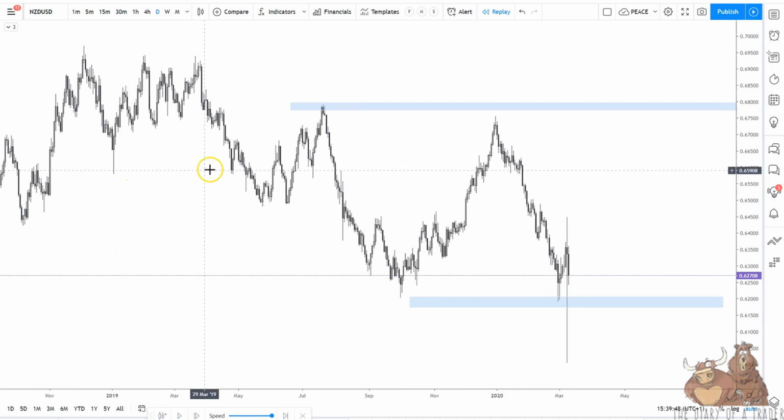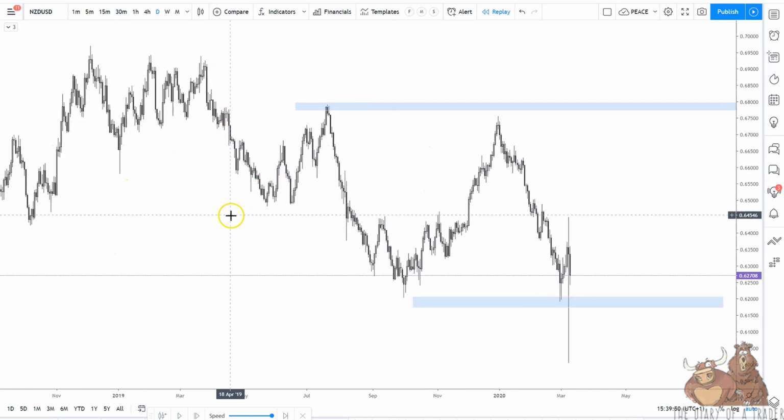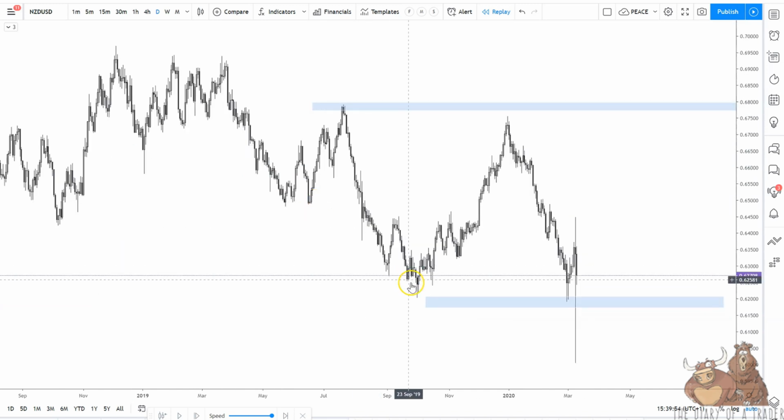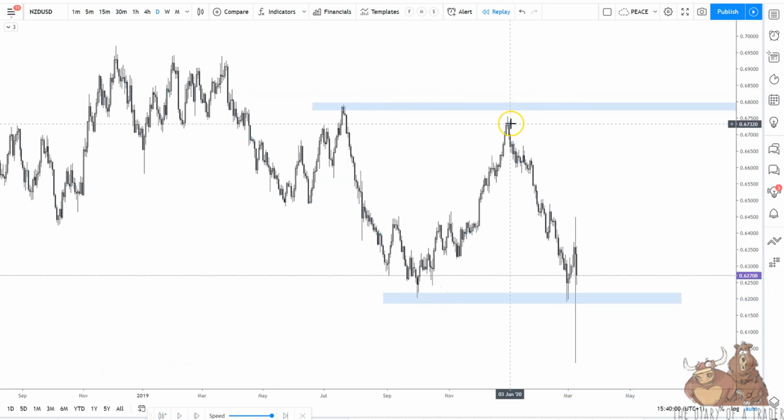Okay, so here we have a daily chart and we have a market movement, and we have some supply and demand, or they are also called support and resistance areas or zones, drawn up. Now, why do we look at these zones?